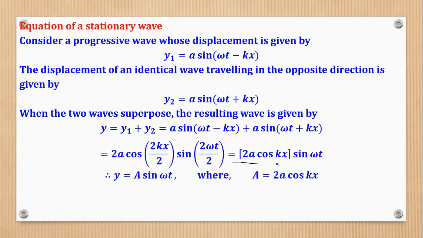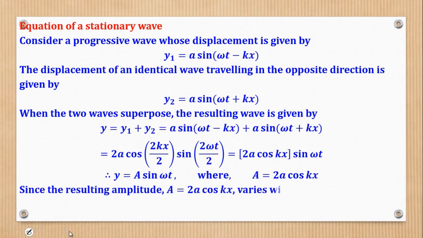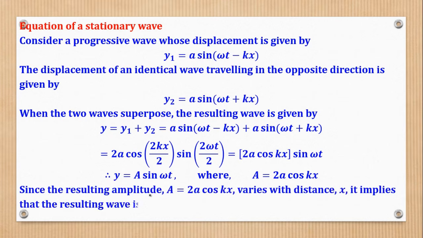So this can be written in this form, where A is equal to the whole of this. Since the resulting amplitude varies with distance x, it implies that the resulting wave is a stationary wave. So for a stationary wave, the amplitude must vary with distance x.